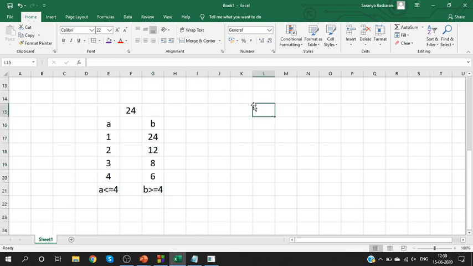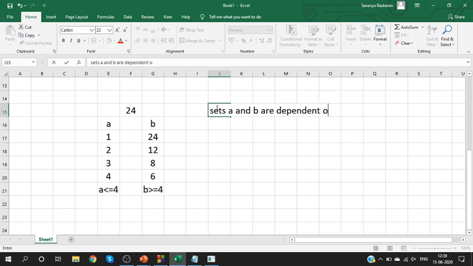So I'm going to tell you that sets A and B are dependent on each other. That is, if one value is known, the other value can be calculated.